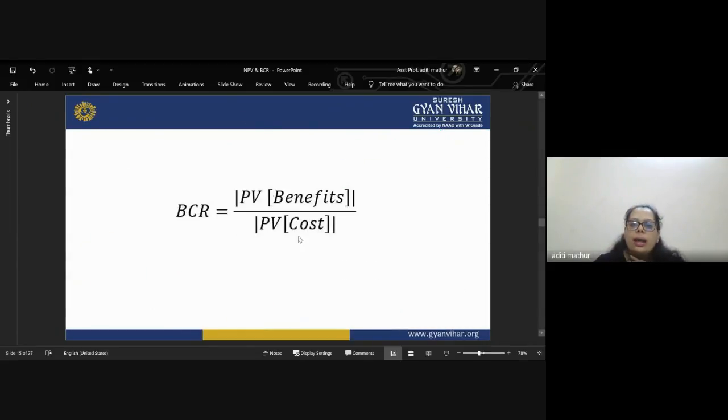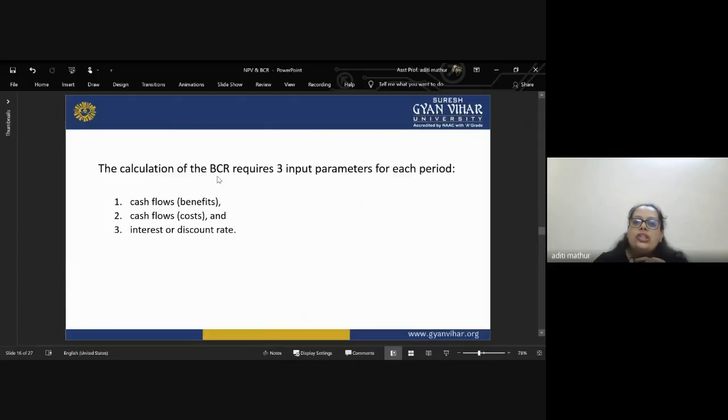So this is the formula: present value of benefits divided by present value of cost. The calculation of your BCR requires three input parameters, right? What are these? Your cash flows of benefit, that means your inflow. Your cash flows of cost, that means your outflow, which is your initial investment.